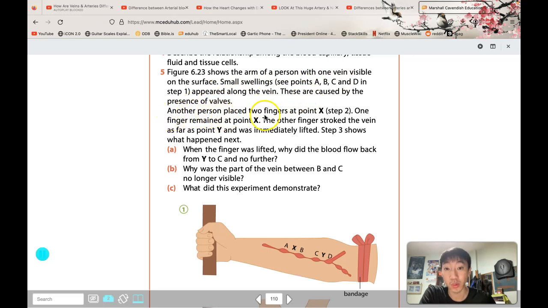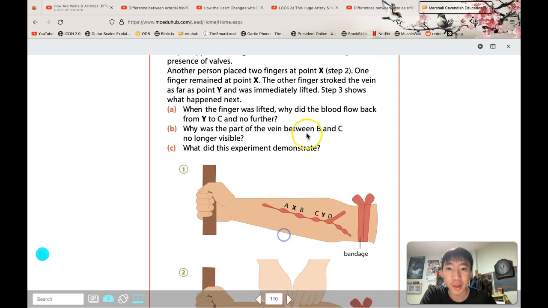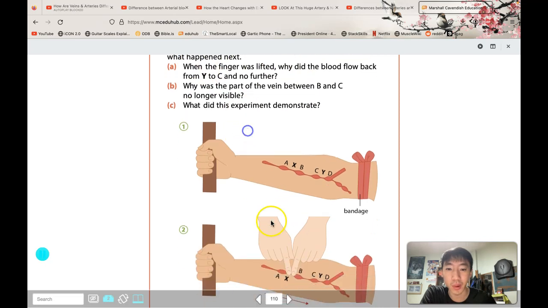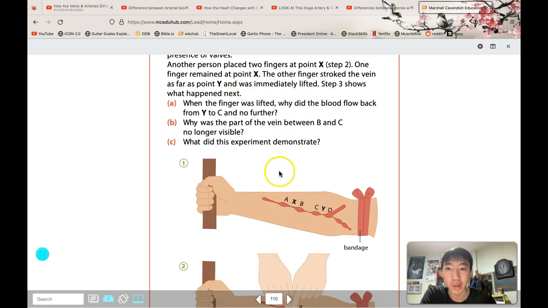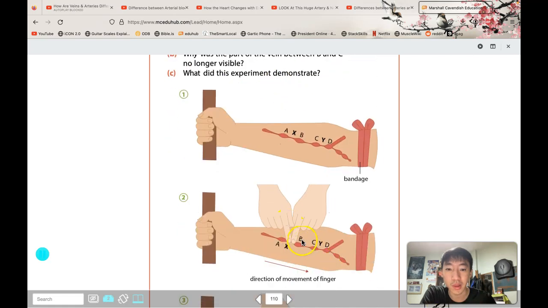Another person placed 2 fingers at point X. One finger remained at point X, and then the other finger stroked the vein as far as point Y and was immediately lifted.